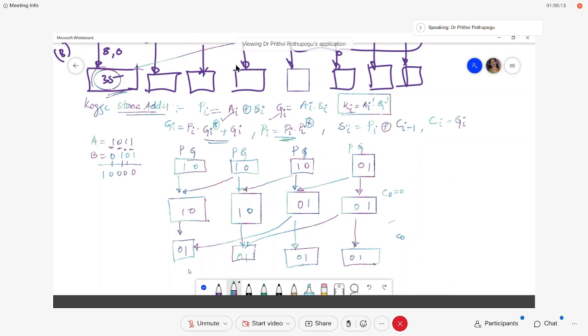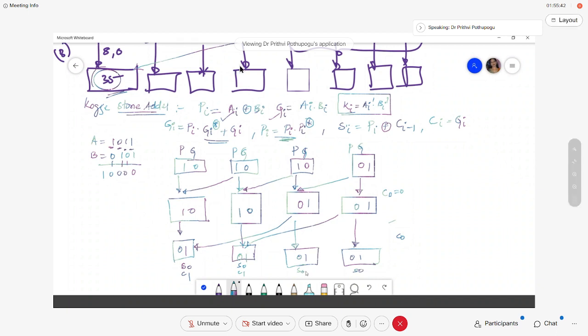So take the value of sum and carry as per the P and G concept. Sum will be 0, carry will be 1, sum 0, carry will be 1, sum 0, we are getting.